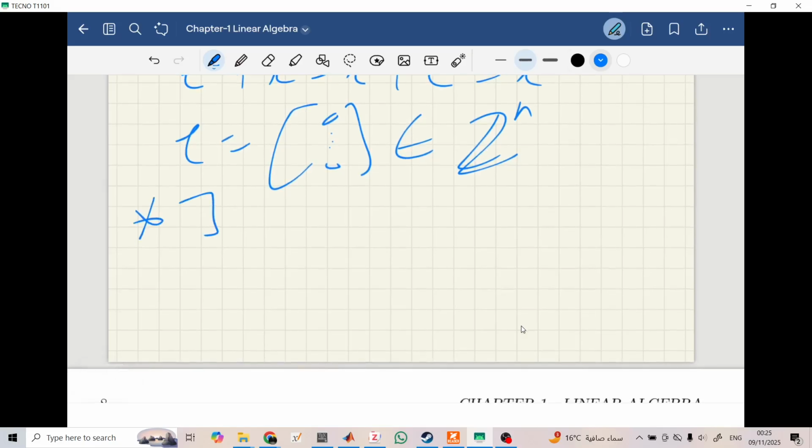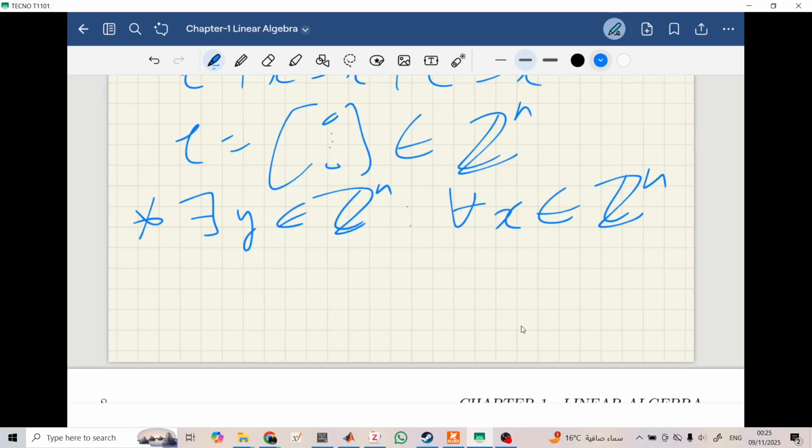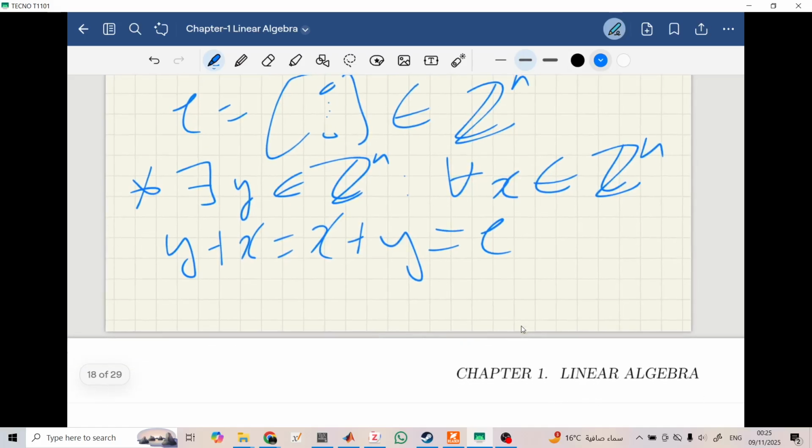So what about the inverse element? There exists y in this set such that for all x in the same set we have y plus x equals x plus y equals e, which is the neutral element. So what is y?